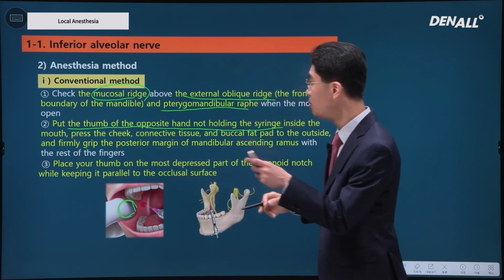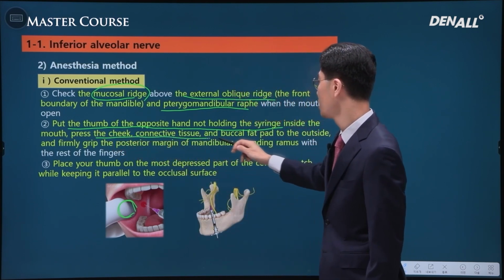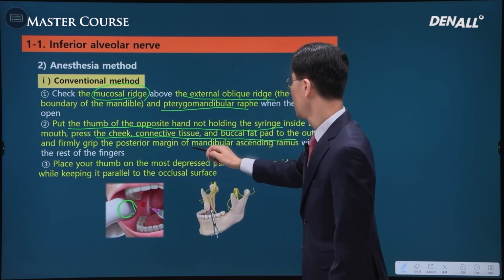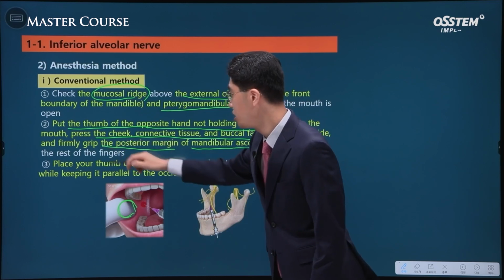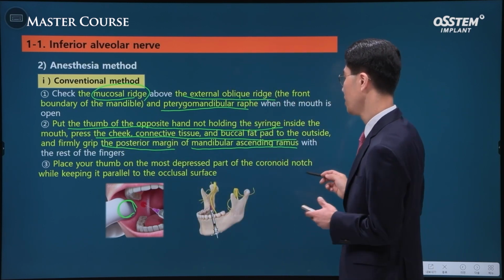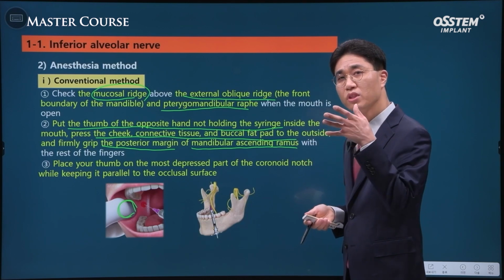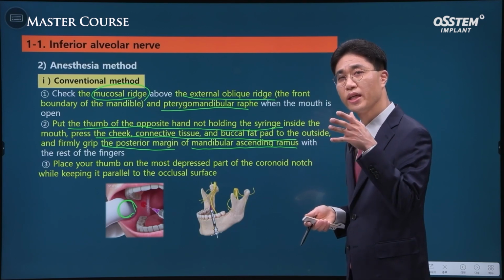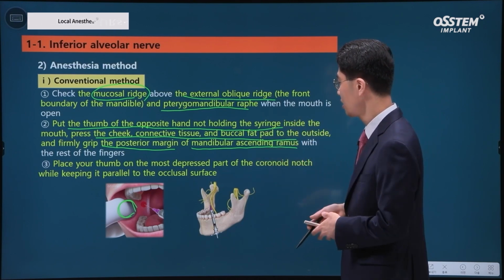And firmly grip the posterior margin of the mandibular ascending ramus with the rest of your fingers. In other words, your thumb is in the patient's oral cavity and the rest of your fingers are gripping the posterior margin of the mandibular ascending ramus.